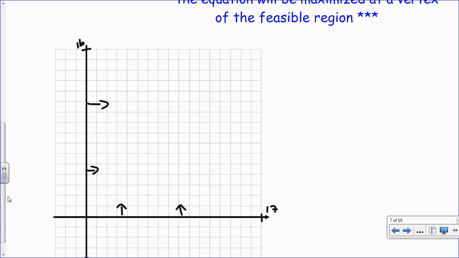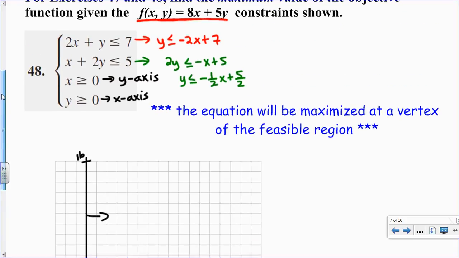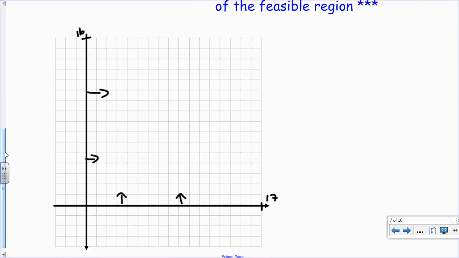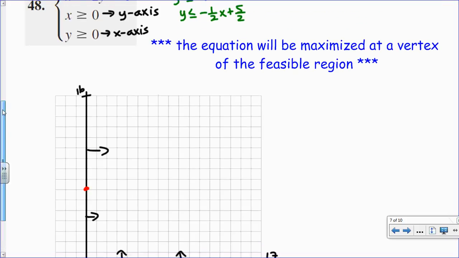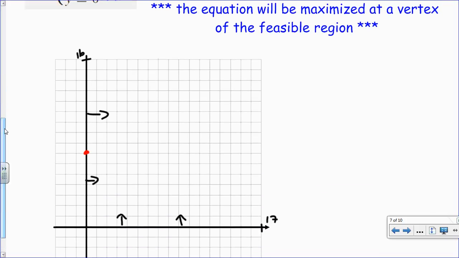Okay. I'm going to start with the first inequality, so the one I have in red. So I'm going to start at 7. And my slope is negative 2, so down 2 and right 1. Okay, this will be a solid line.